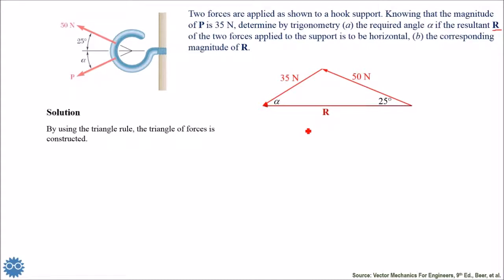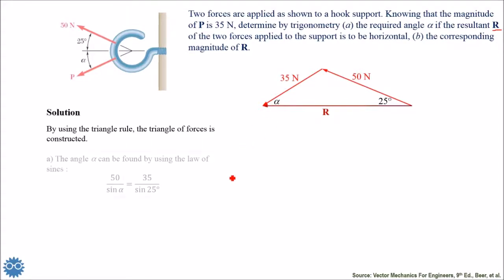Now we can notice here that the known angle of 25 degrees is opposite the 35 newtons force. These are known, and we have here the 50 newtons force vector which faces the angle alpha.